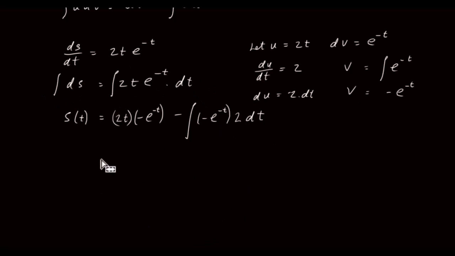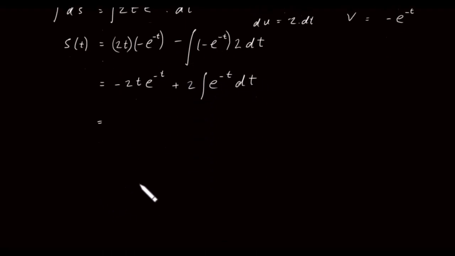Okay, so let's simplify all of this. We've got minus here, so that's minus 2t e to the power minus t. Here we've got minus and a minus, so that's going to be plus. And there's a 2 here as well, which I'm going to bring outside the integral symbol. So we've got the integral of e to the power of minus t dt.